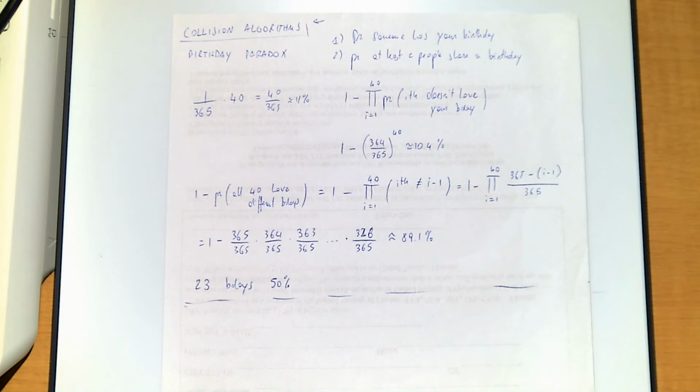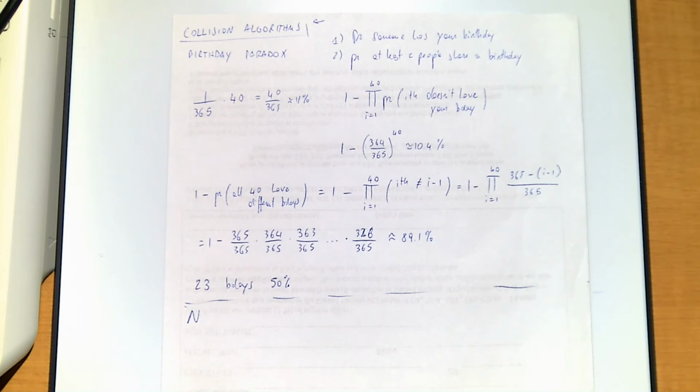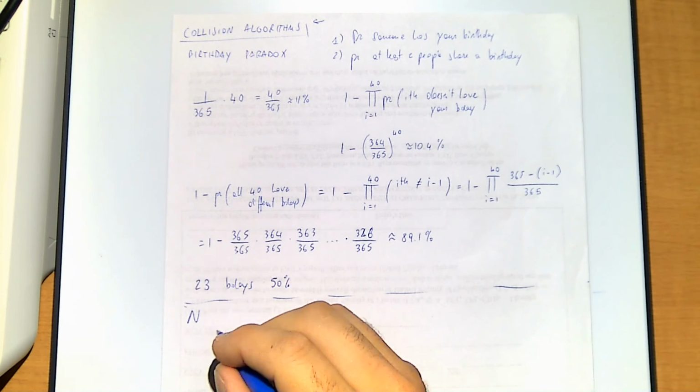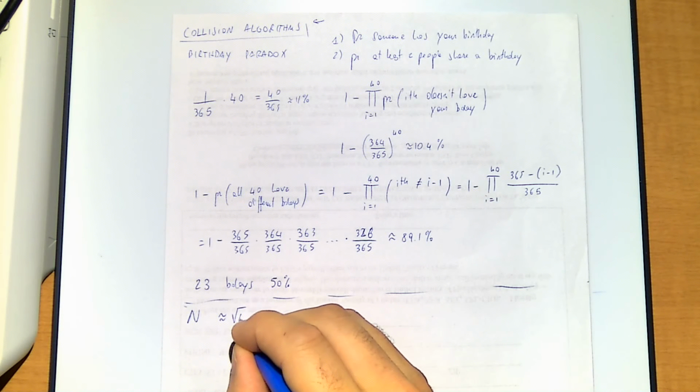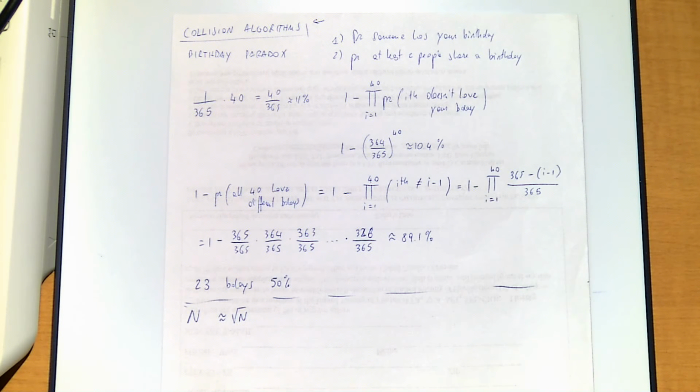And so basically, if you take n numbers, and this is a very rough approximation, if you already have about square root of n, then you're very likely to find a match. And if you take the square root of 365, you'll see why you get the number that you get. Okay, but we can actually count more precisely.